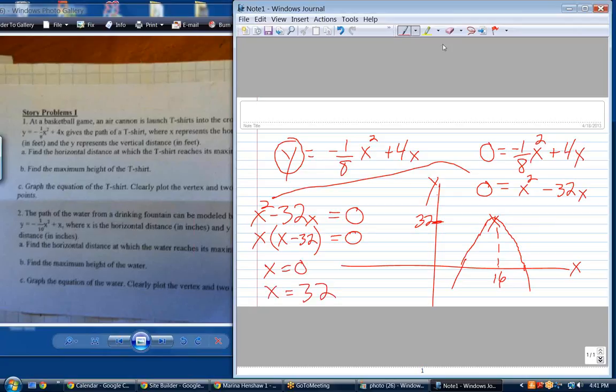Okay, now I can draw my graph better because I know that it's going to go through this point, it's going to go through this point, and it's going to go through that point.